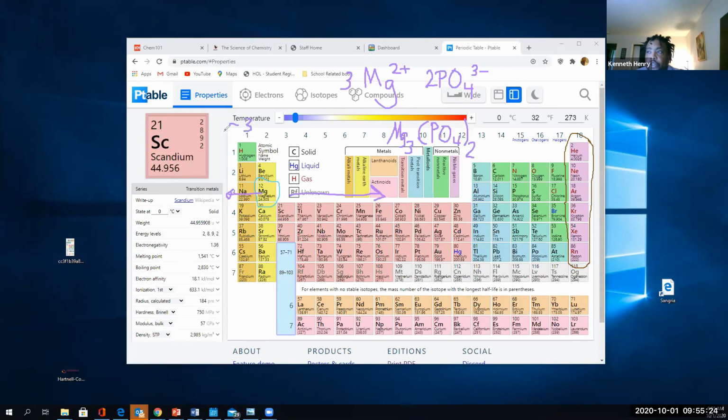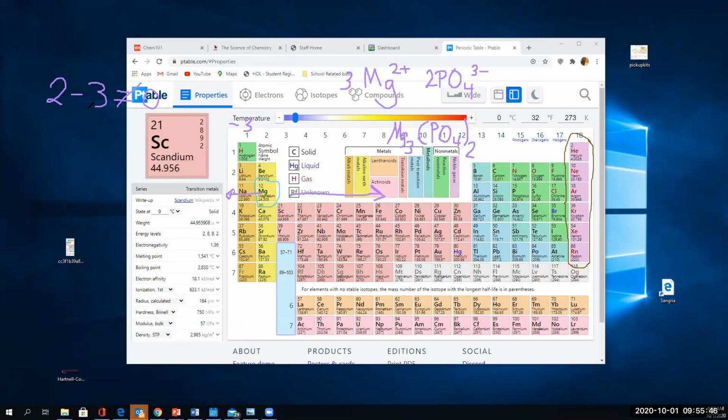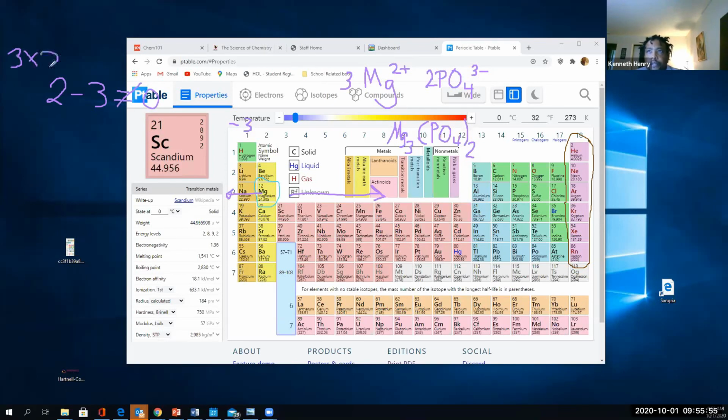So if it has a -3 charge and I want it to balance out with magnesium, what charge does it have? 2 positive. So if I have 2 minus 3, does that equal 0? No. So how can I make 2 minus 3 equal 0? You do a positive 2. So if I multiply the first one by, let's say, 3 times 2 is what? 6.